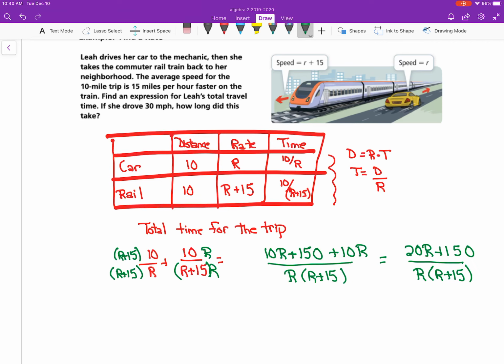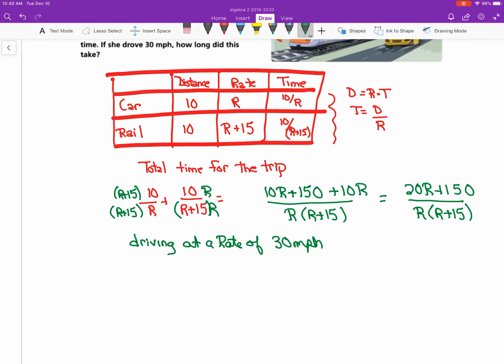All right, so we know we're driving at a rate of 30 miles per hour. So just plug in 30. 20 times 30 plus 150 over 30 times 30 plus 15.